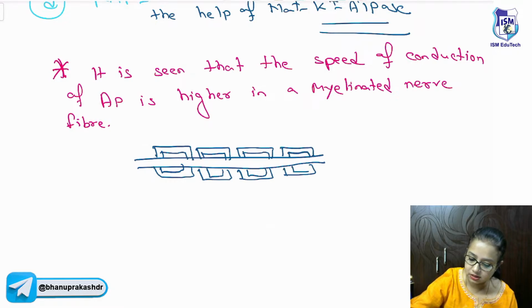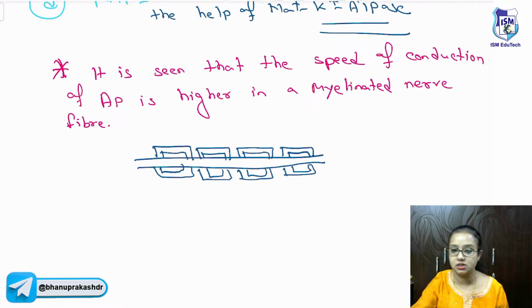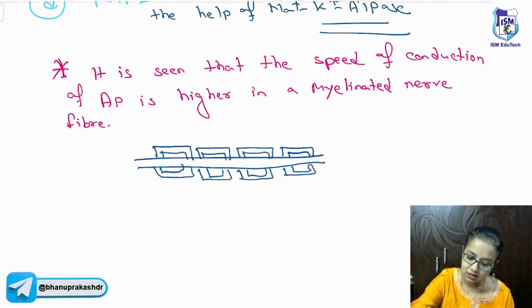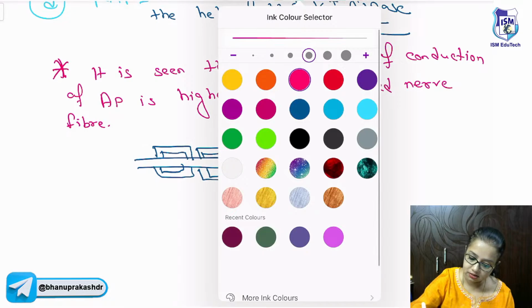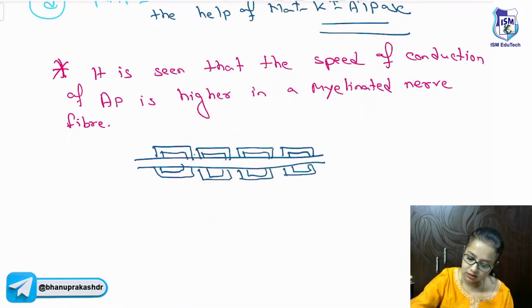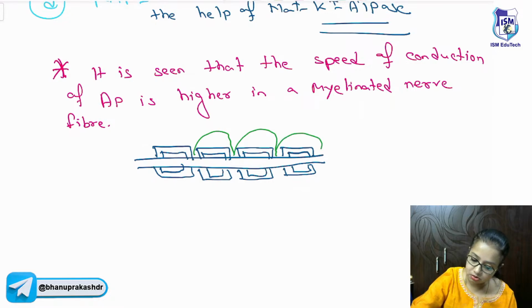If there is a myelin sheath, then the conduction of impulse happens from node of Ranvier to node of Ranvier. It is of the jumping type.